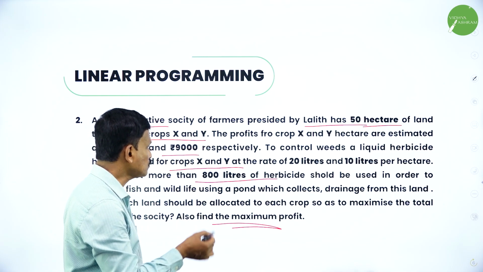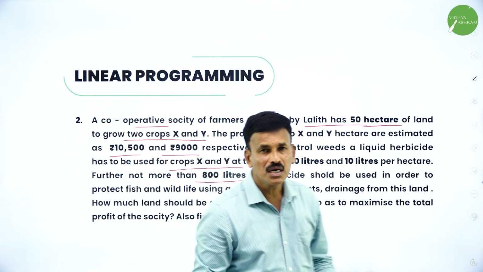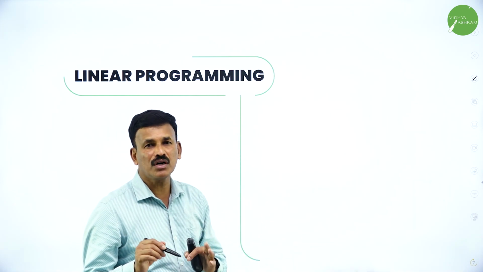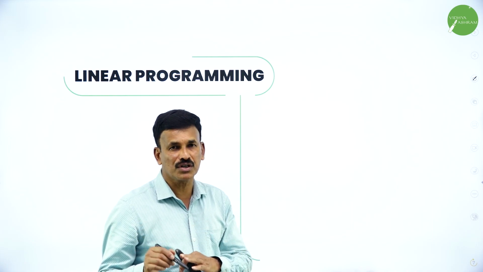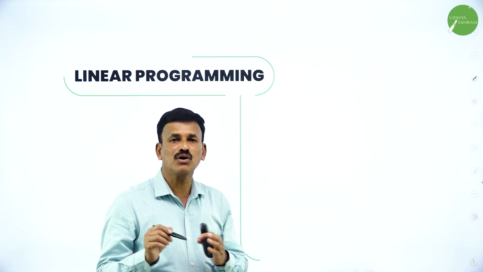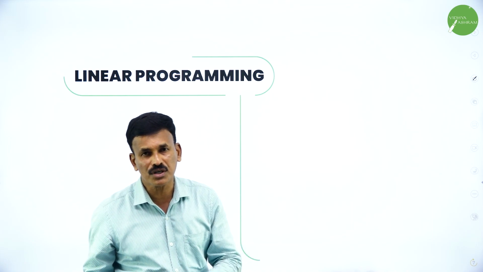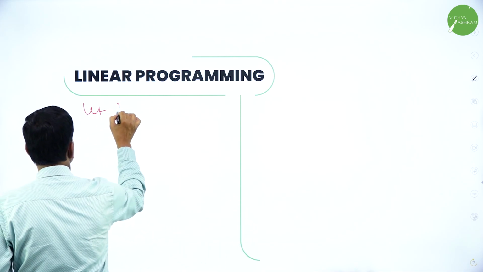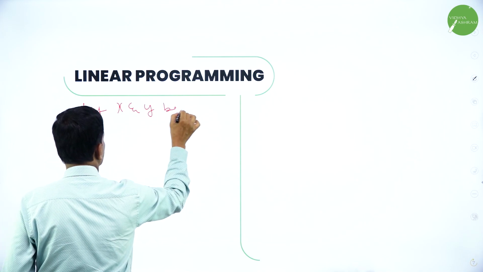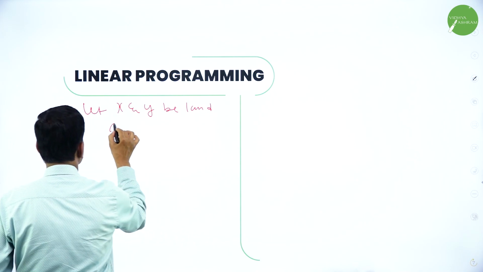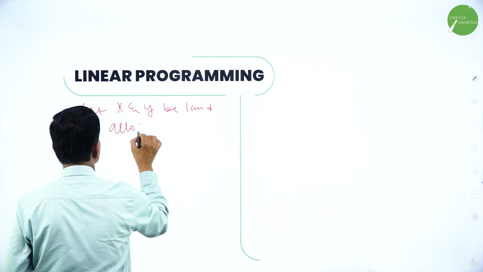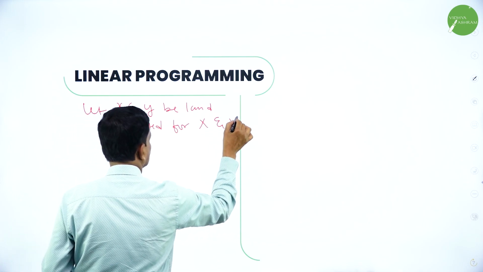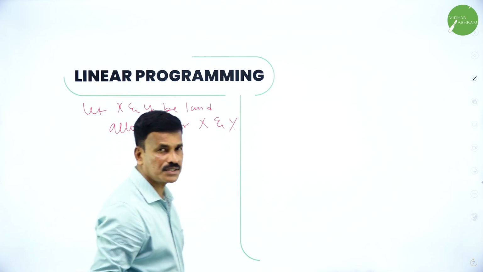So, here there are 2 types of crops and the pesticides used, right. Now, let us assume that small x hectares of land is allocated for capital X and small y hectares of land is allocated for capital Y. Let X and Y be the land allocated for capital X and capital Y. Now, given what?